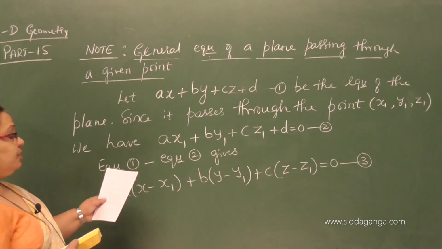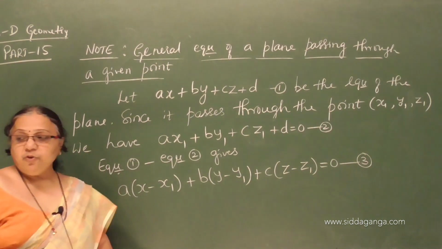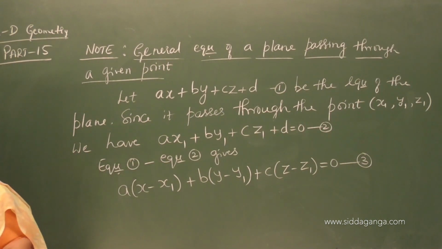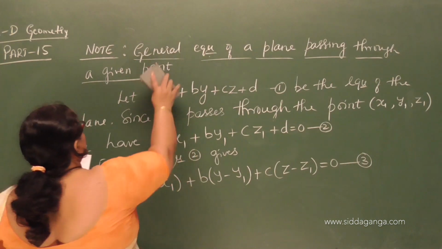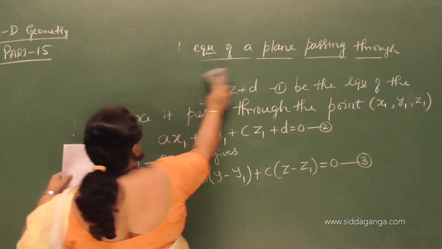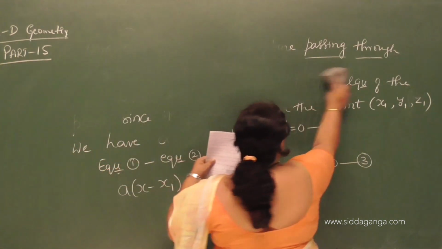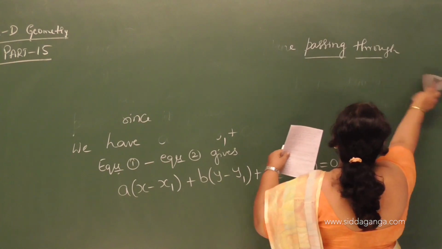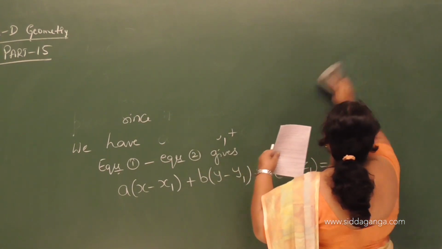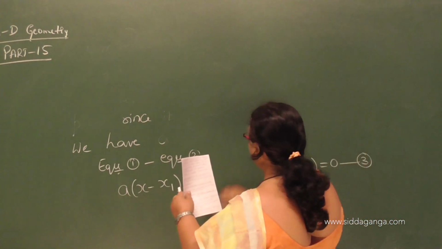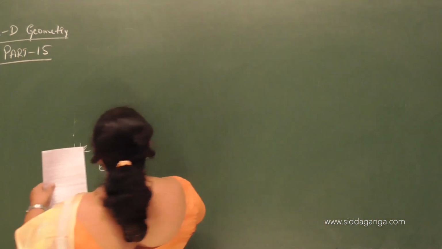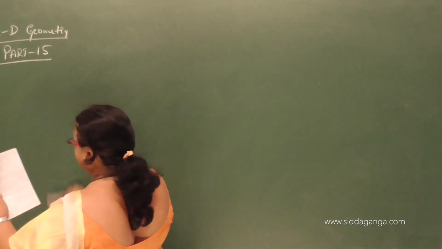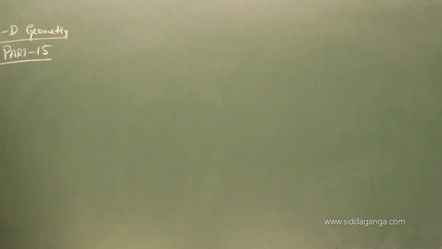So let us take one example for this equation. Let us see how to write the equation of the plane passing through a given point.